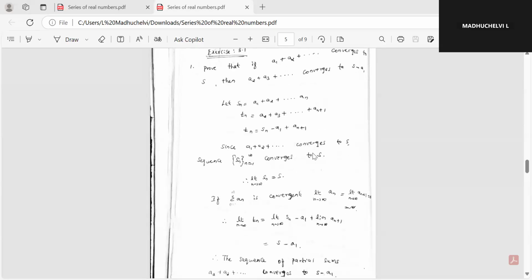If summation n equal to 1 to infinity an is convergent, limit n tends to infinity an equal to limit n tends to infinity an plus 1, also equal to 0. Therefore, limit n tends to infinity Tn equal to limit n tends to infinity Sn minus a1 plus limit n tends to infinity an plus 1.